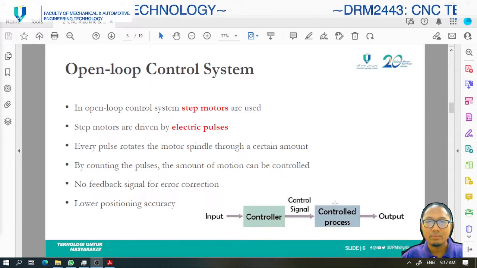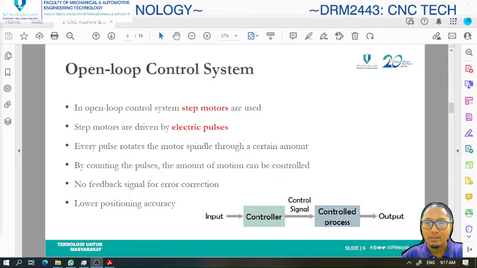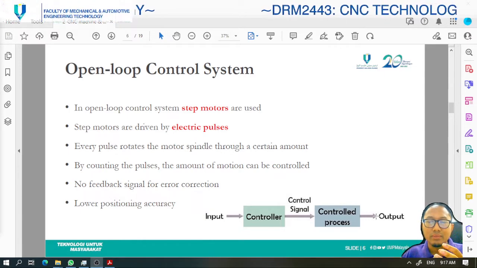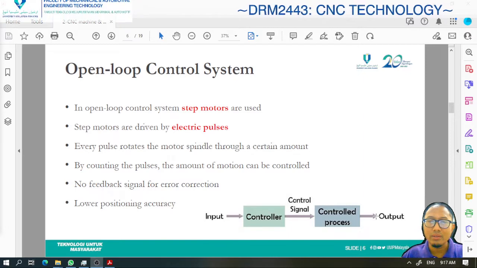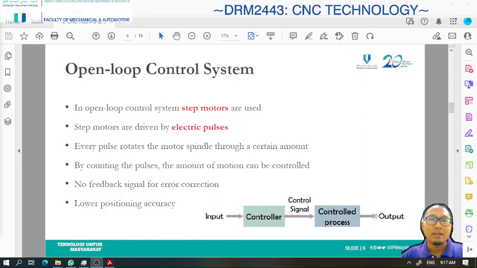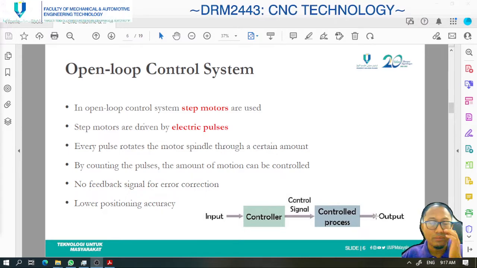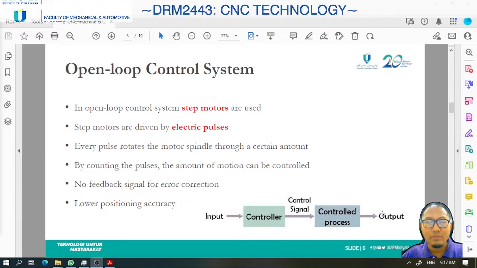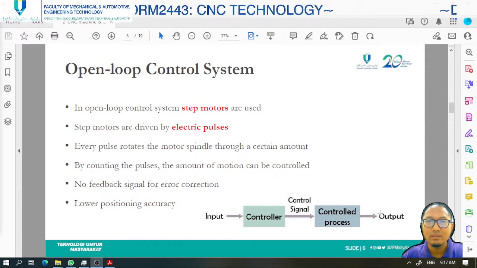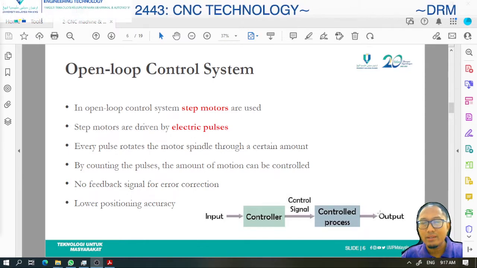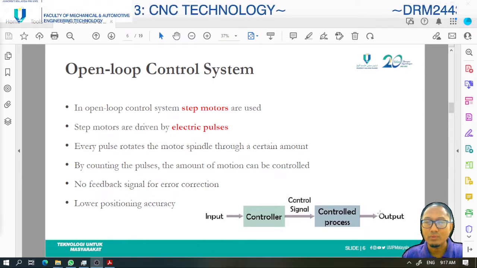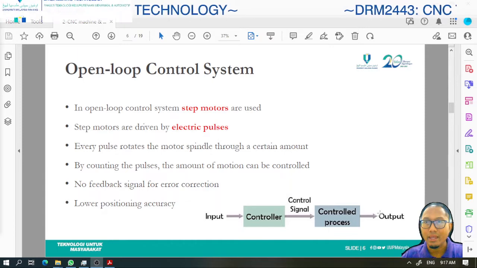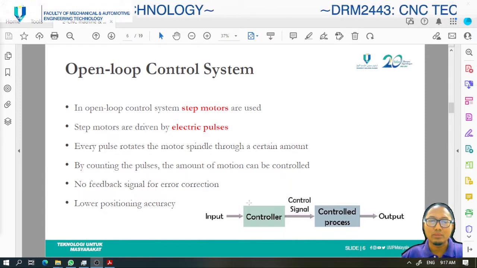It will send the signal to the step motor, and then it will rotate, and whether the tool moves 10 millimeter or not cannot be identified or validated, because it is just an open loop. If there is any kind of error, let's say it moves just 9 millimeter, there is no way for the user to know that the error happened unless we measure it by hand, manually. So that is the open loop control system.